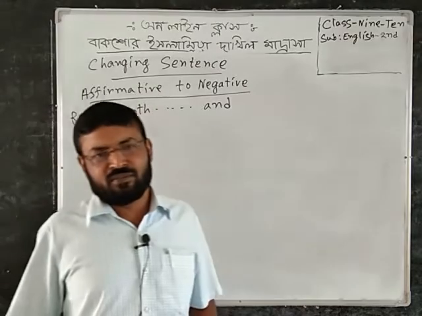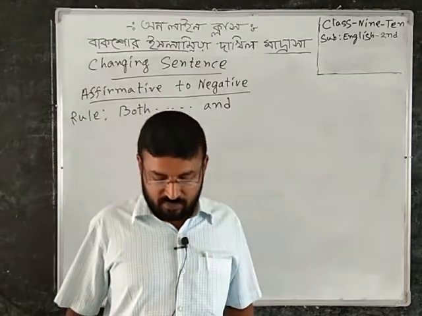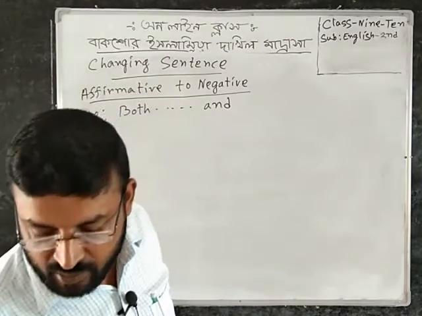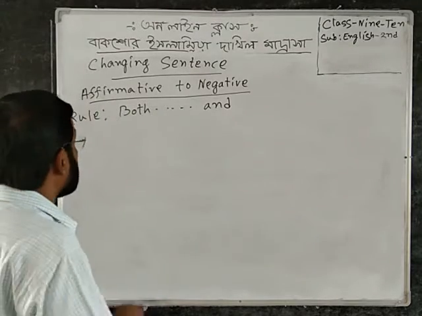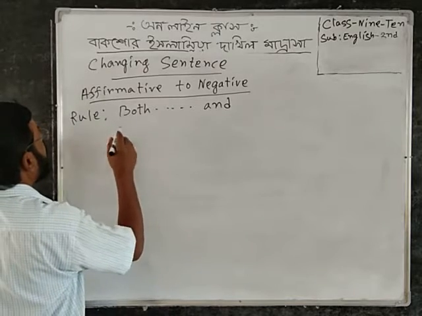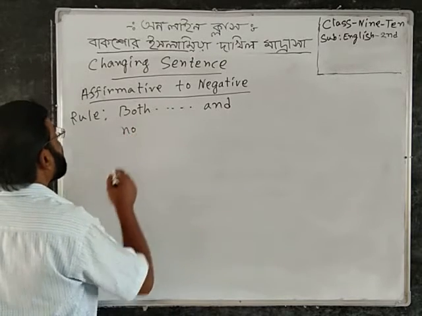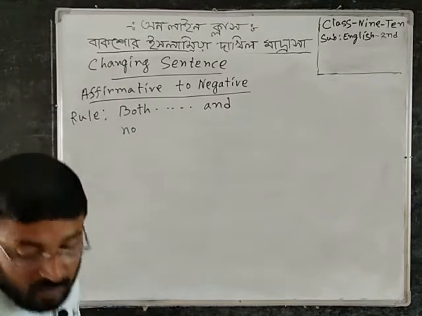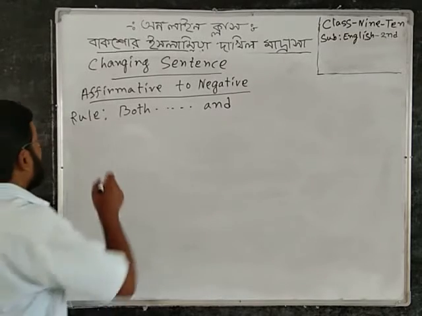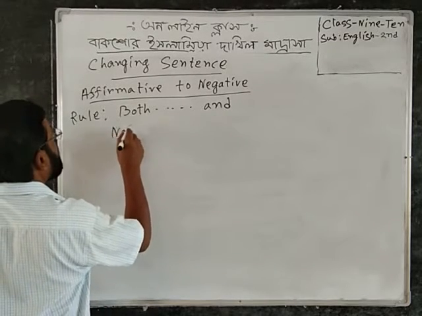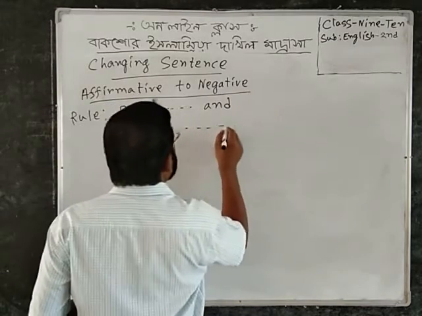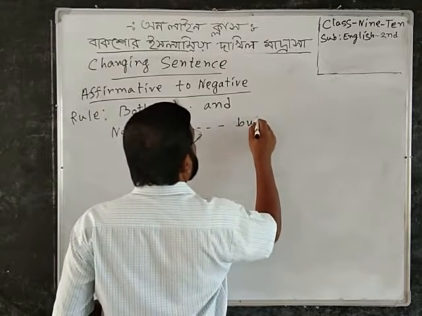Are you feeling nervous? Don't worry, dear students. It's not very tough. If we can see both dash and in the sentence, then we can use not only dash but also.